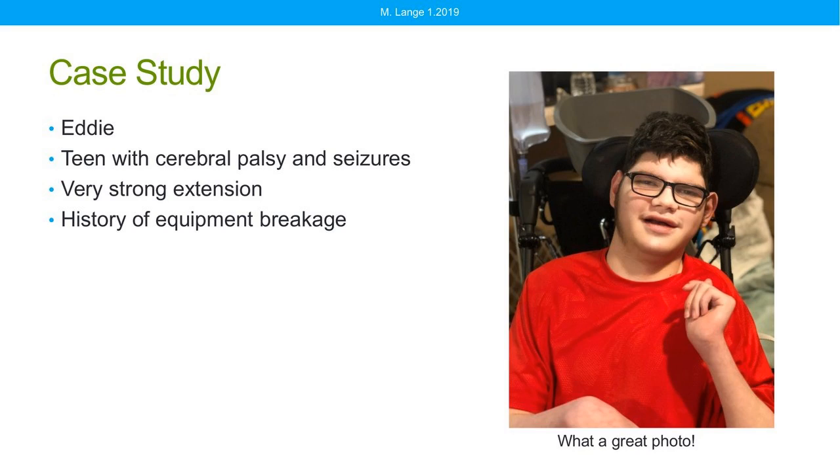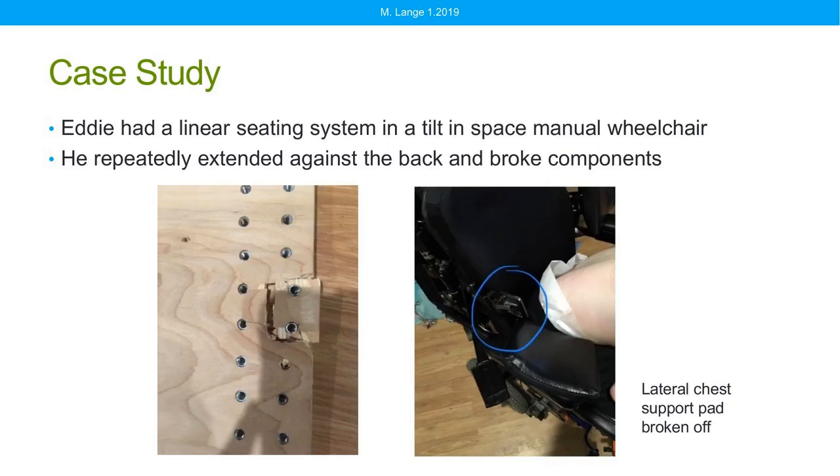We're going to touch briefly on this last case study. This is Eddie. He is a teenager with cerebral palsy and seizures, and he has very strong extension and a history of equipment breakage. He had a linear seating system with this wood base in a tilt and space chair.